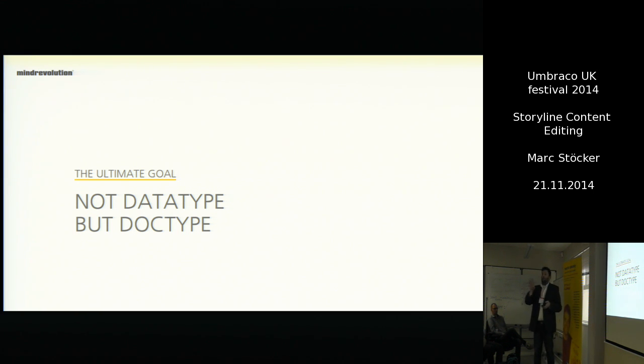Shall we go with the grid? Sorry, the developers. Shall we go with the grid or shall we go with fields, for instance? But the ultimate goal should be not data types, but doc types in the grid.